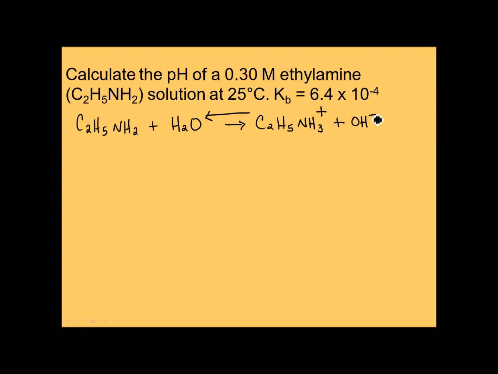All right, so we're going to work it exactly like we did the previous examples, except for this one, it's Kb, and we're finding the hydroxide ion, not the hydrogen. So always be careful with bases. It's going to have the exact same format, but instead of a Ka, I'm using Kb.